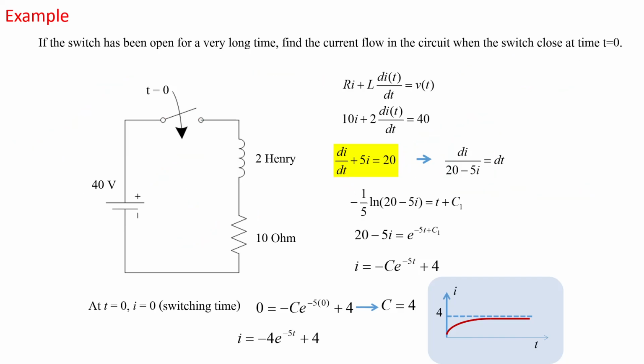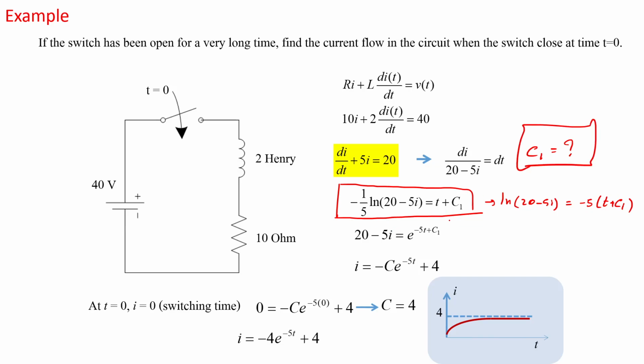And this is the solution for the current. Then I try to rearrange I as a function of t. We will get ln of 20 minus 5I equal to minus 5 into t plus c1. At this moment, we don't know what c1 is.